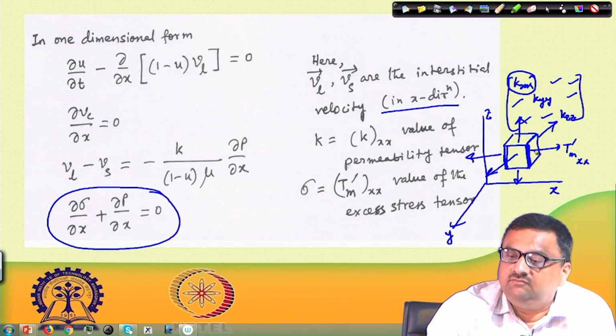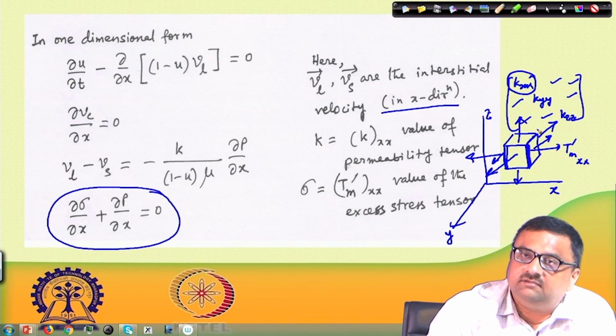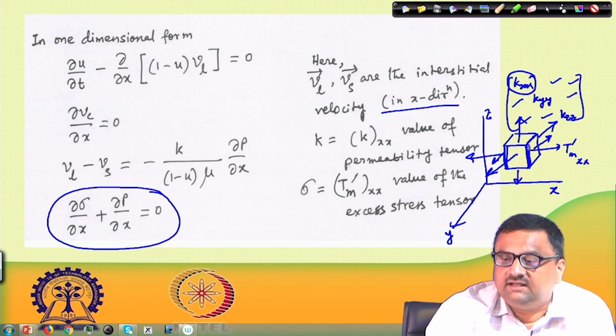That means, you have Tm prime xy in this direction tangentially, Tm prime yx, Tm prime xz, zx, like this.